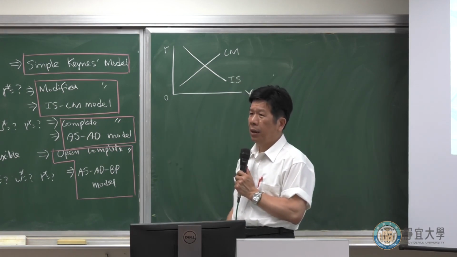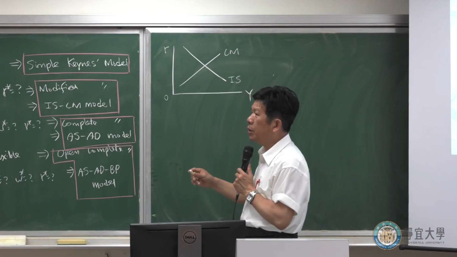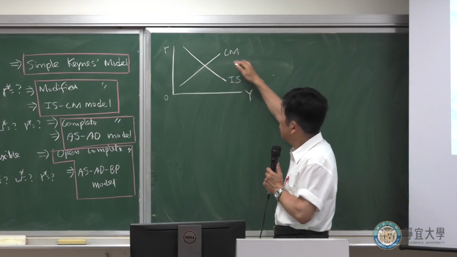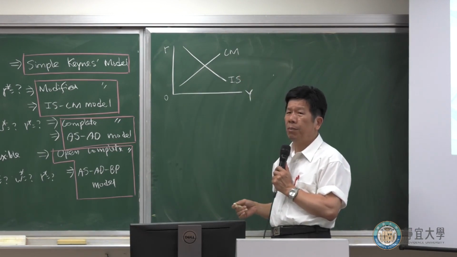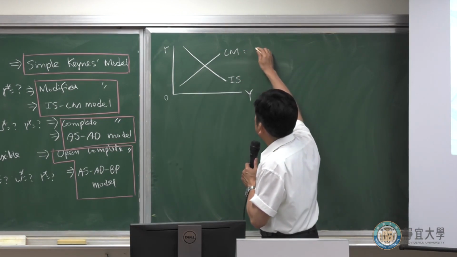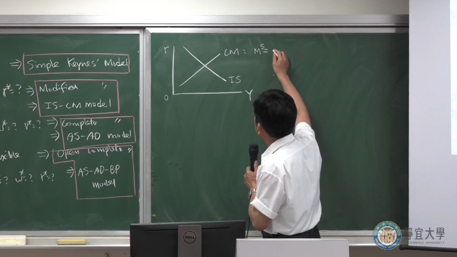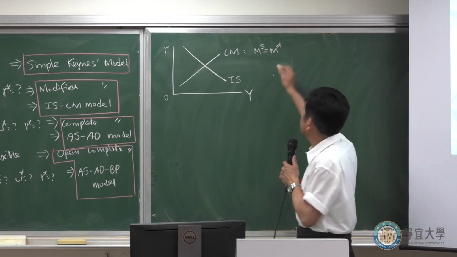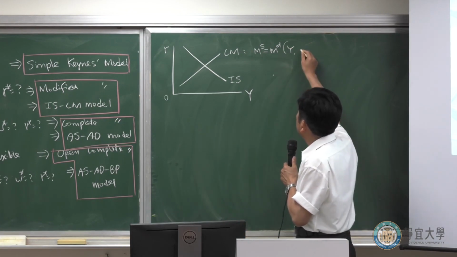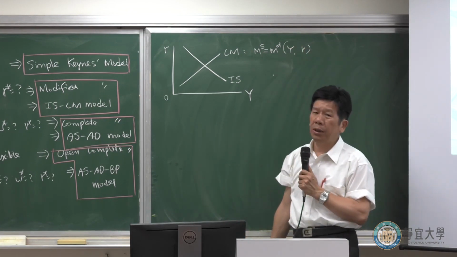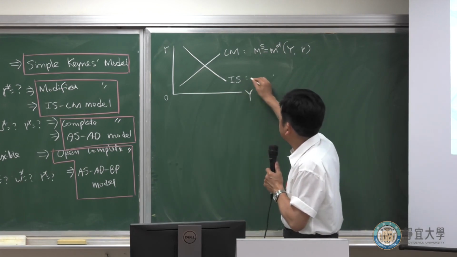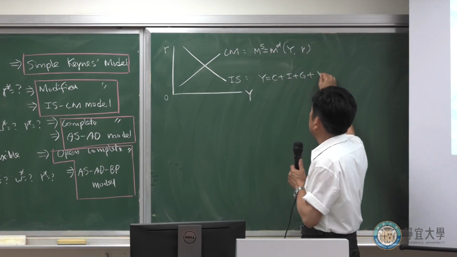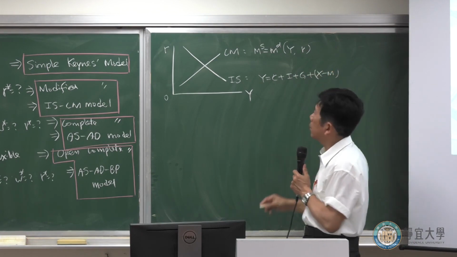Last week we also showed what the LM and IS curves are. LM represents money supply equal to money demand, and money demand depends on income and the interest rate. And IS represents Y equal to C plus I plus Z plus X minus M.